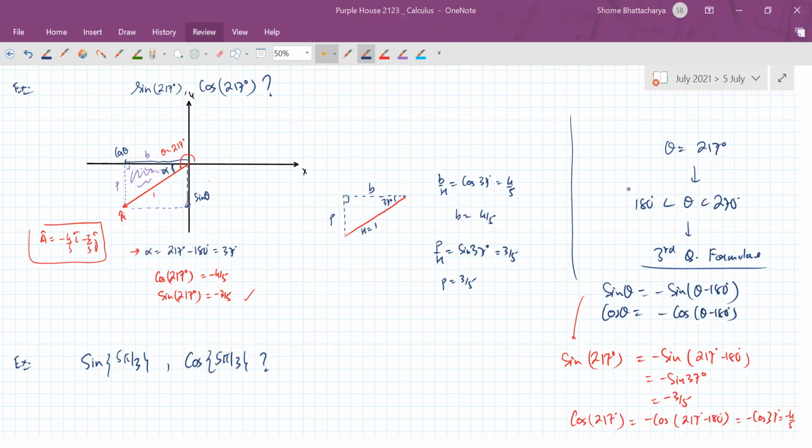Sir, one doubt. In that triangle, you assumed h to be 1. Yes, hypotenuse is equal to 1, because it's a unit vector. Okay, sir, but its value would be 5, right?